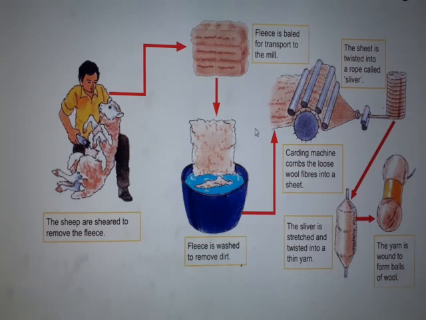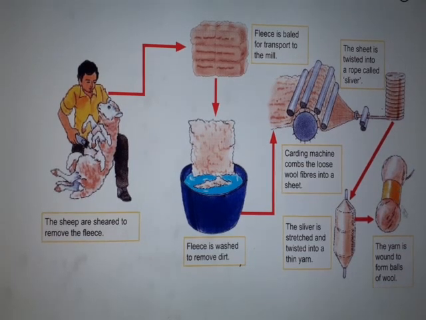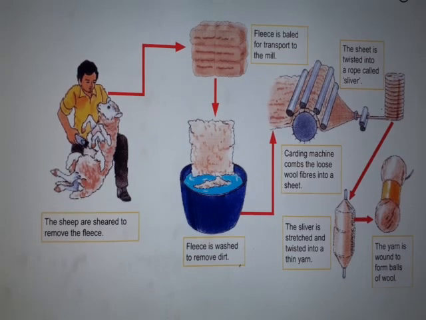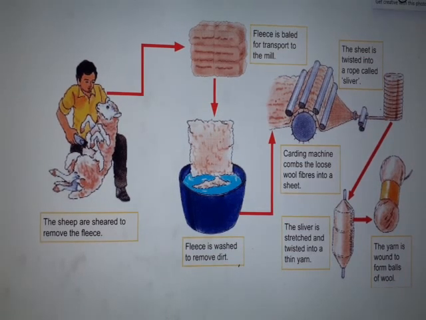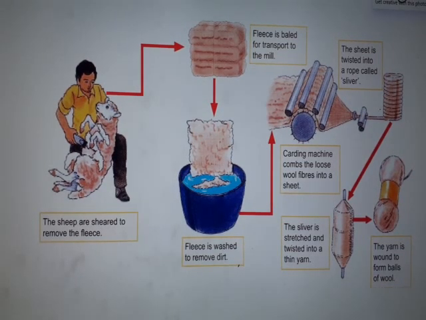After that it is sorted and the sheets are twisted in. This silver, that term we are not using. It is given in the chart, but normally we are not using that term. Okay, so then after that it is made into yarn and it is given color. So these are some steps involved in this, and next I will show you a video in which all these processes are going on.